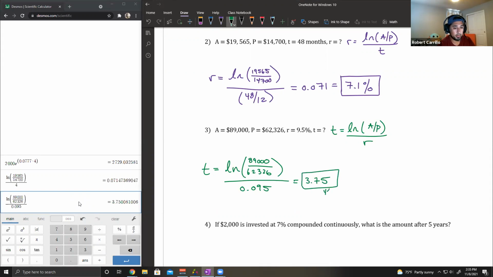I assume that would be years. Okay. So again, that's just practicing the formulas for continuous compound interest. Everybody good? Okay.